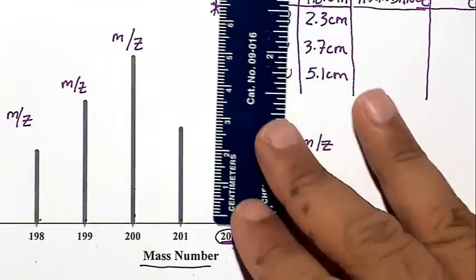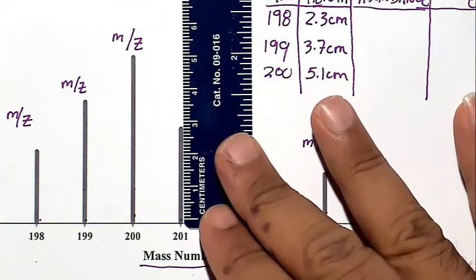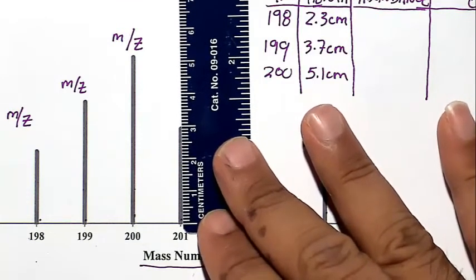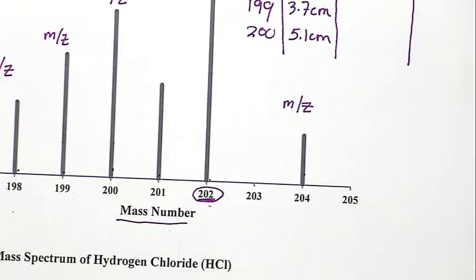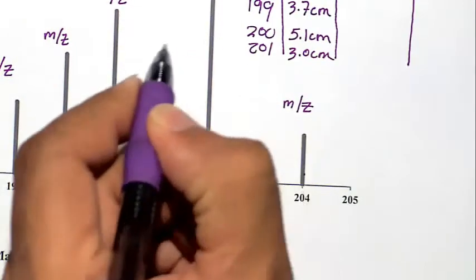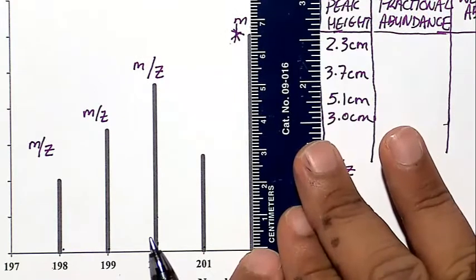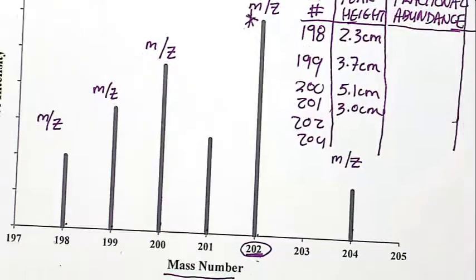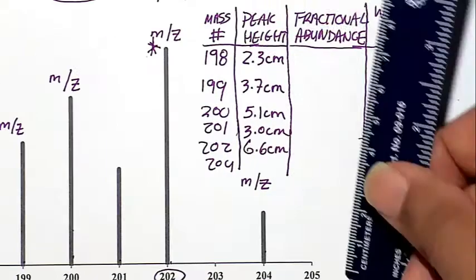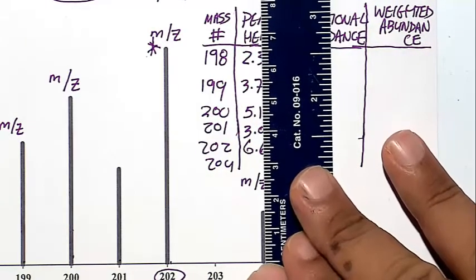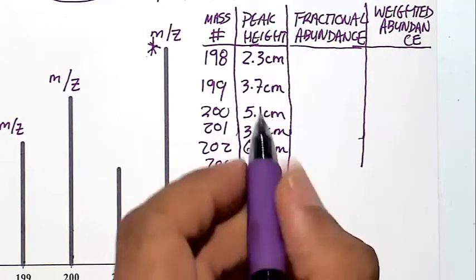Mass number 201 will have a peak height of 2.9 maybe, or 3 centimeters. And we have 202 and 204 left. Mass number 202 has a peak height of about 6.5 or 6.6 centimeters. And finally, mass number 204 will have a peak height of about 1.5 centimeters.